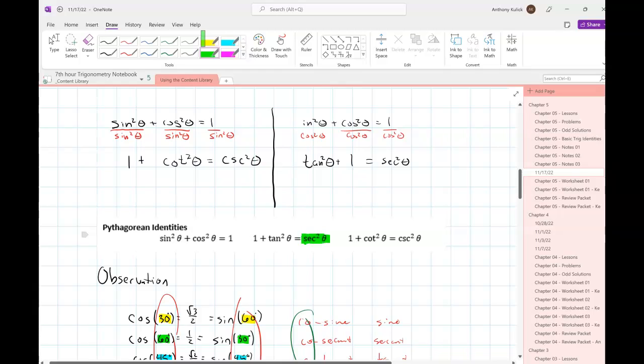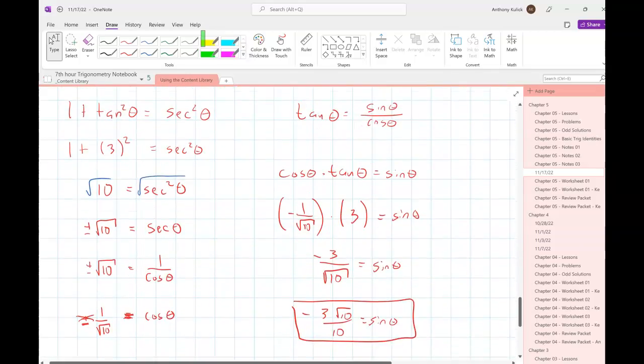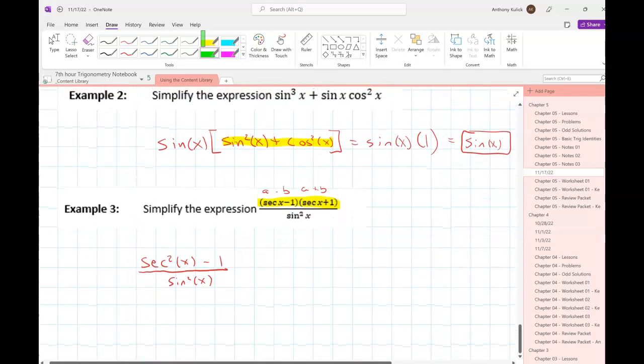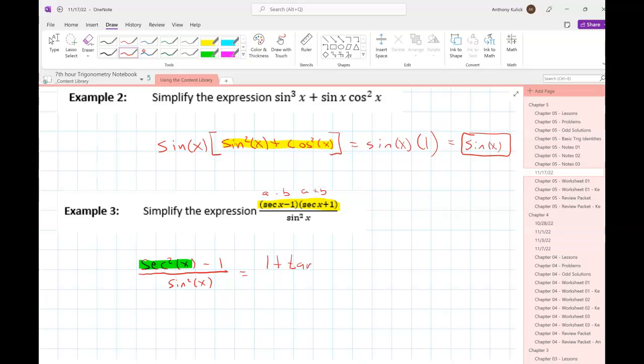Here, notice secant squared is equal to 1 plus tangent squared, right? I have a secant squared. So I'm going to replace that with 1 plus tangent squared. But Mr. Kulak, isn't that making it worse?